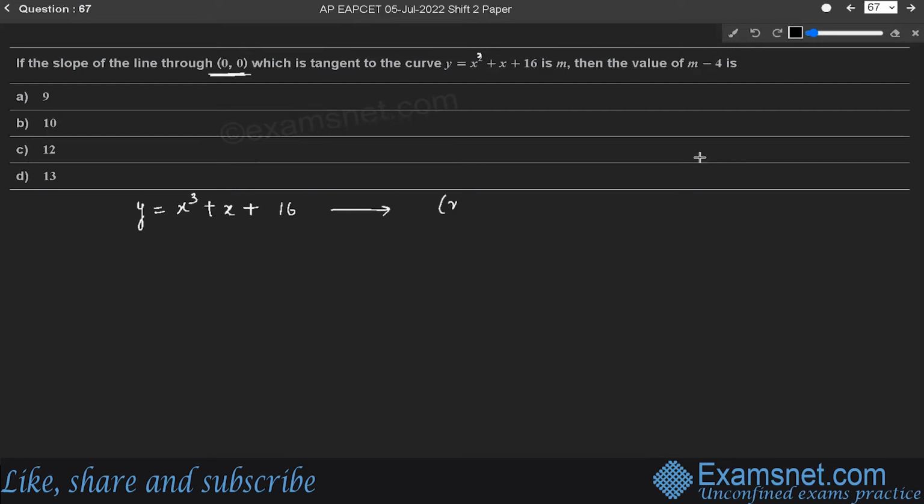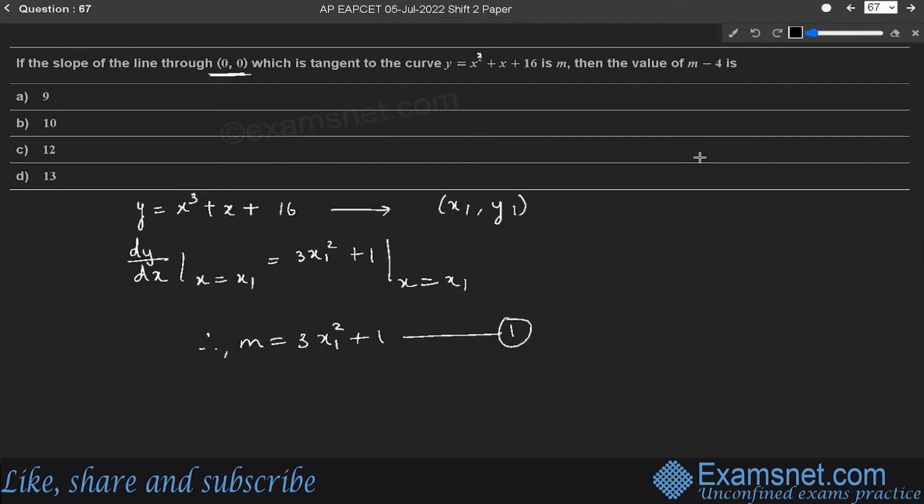So let the point be x1, y1. Differentiating it, dy by dx at x equal to x1 will be equal to 3x1 square plus 1. Therefore, m will be equal to 3x1 square plus 1. Let this be equation number 1.